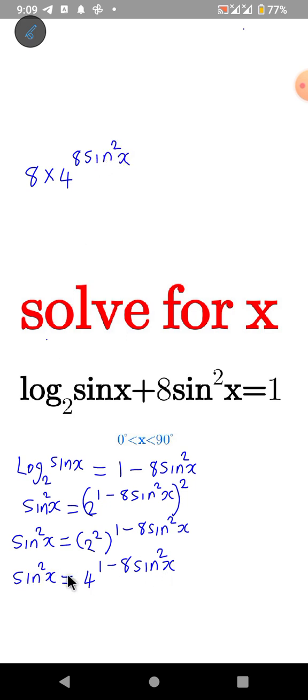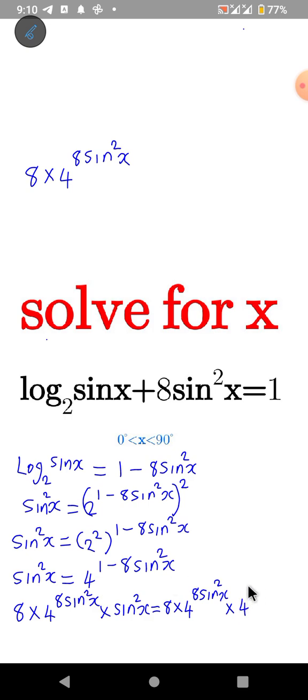So we write 8 times 4 raised to the power of 8 sine square x, times sine square x, all equal to 8 again times 4 raised to the power of 8 sine square x multiplied by 4 raised to the power of 1 minus 8 sine square x.